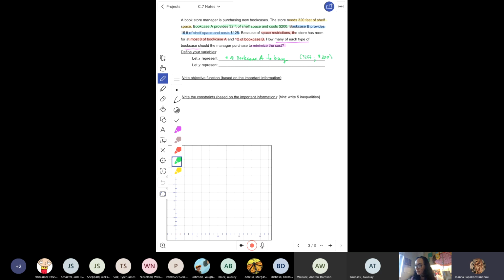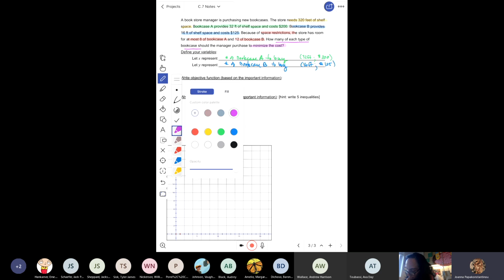That's not part of defining the variable, but I like to write it next to it. Now, my second variable, Y, is going to be the number of bookcase B to buy. I know that it provides 16 feet of shelf space and costs $125.